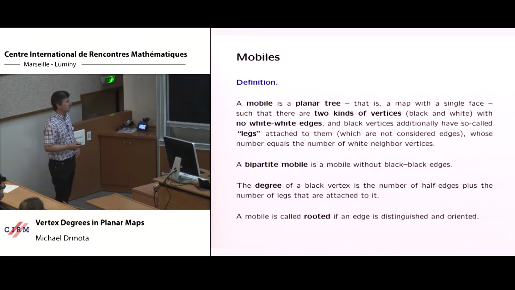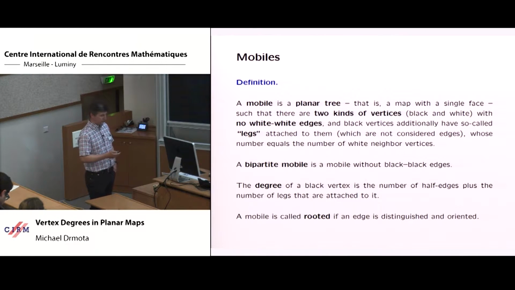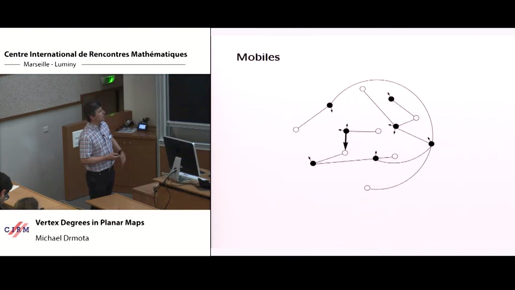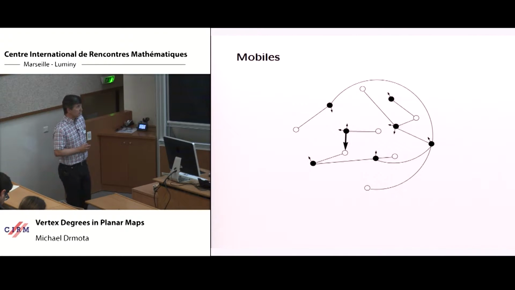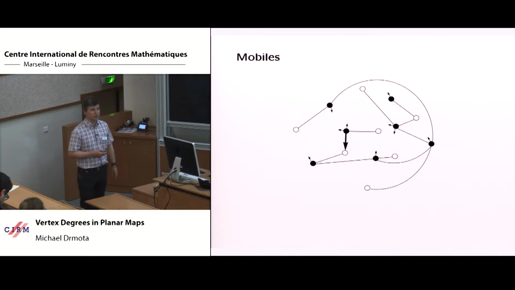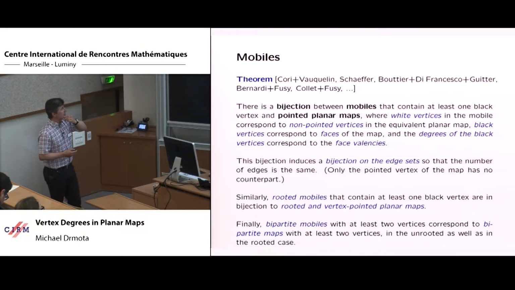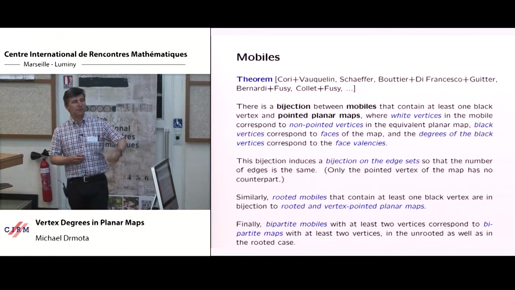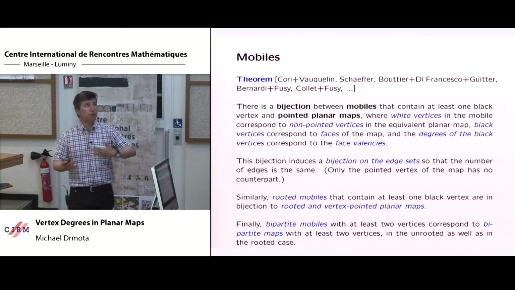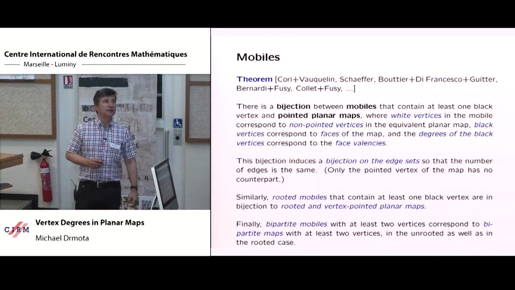And then we can also root a mobile with an edge by just putting an oriented edge somewhere. The reason why we will use this root is that then it will be possible to count these objects. And as I mentioned before, there is a very well-known relation between these mobiles and maps.